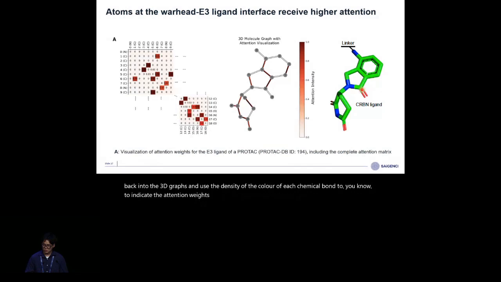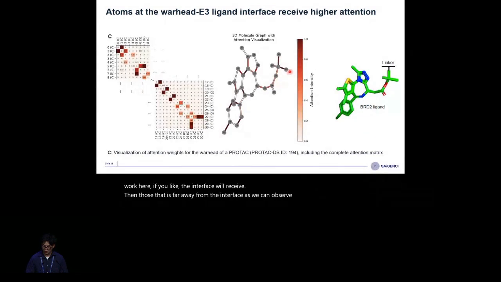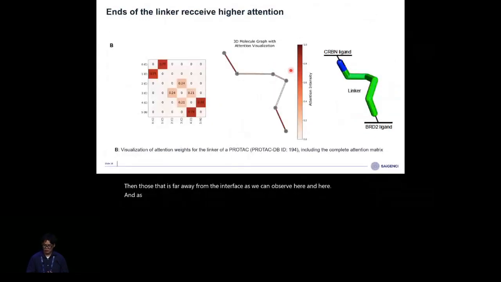What we observe is that the atoms at the warhead-ligand interface receive higher attention than those far away from the interface, as you can observe here and here. As for the linker, the chemical bonds and atoms at both ends of the linker receive higher attention than the chemical bonds in between. This means that for each PROTAC, our model can tell which part of this PROTAC plays a more important role in the degradation prediction.